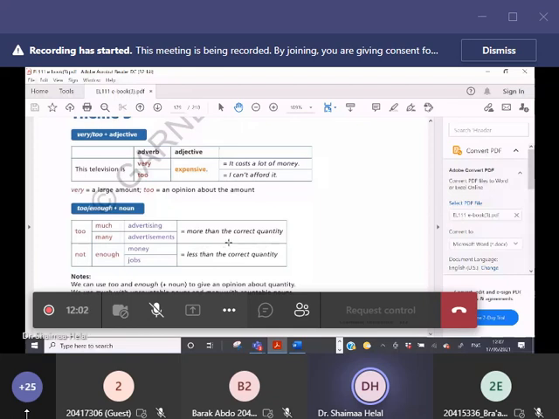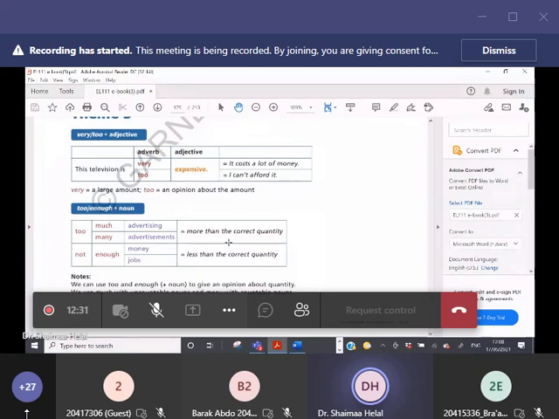For example, if you are going to advertise using 10 advertisements, that's too much. This means that it is enough to advertise using only 5 advertisements. So, more than the correct quantity.